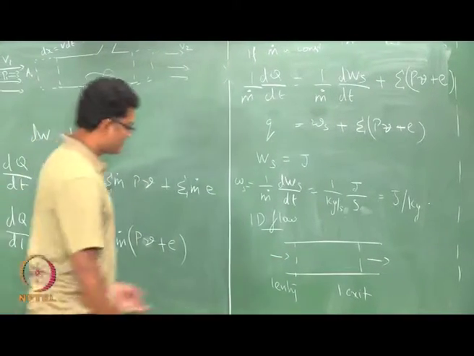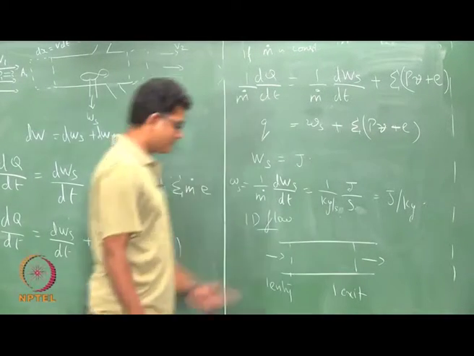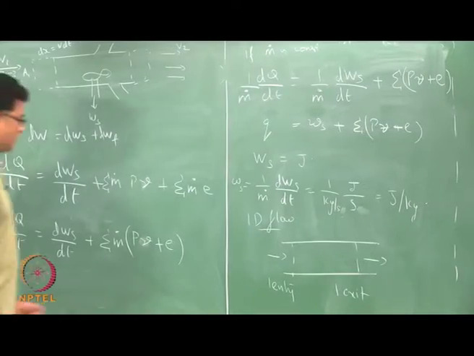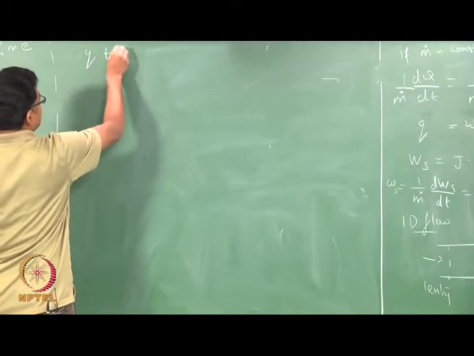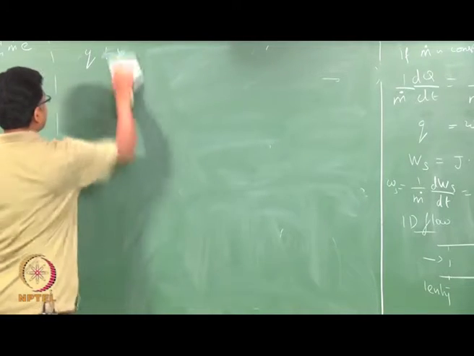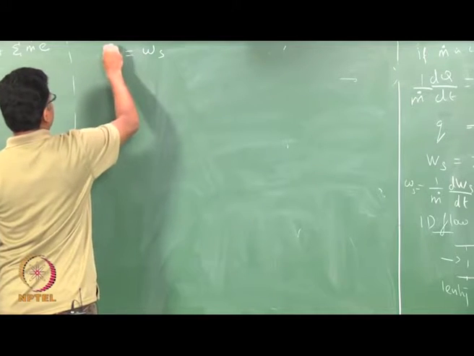So, there is no dependence on this direction, the velocity changes only in one direction. Now, if I rewrite that, q equals Ws plus P1 V1 plus E1.